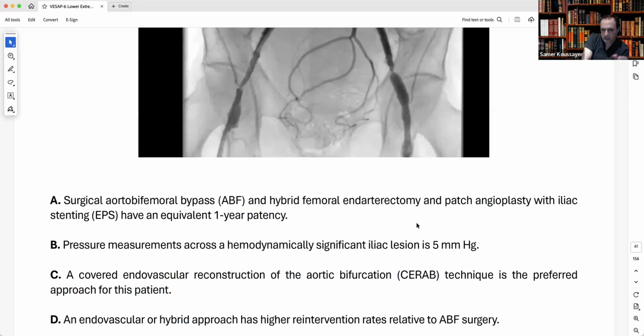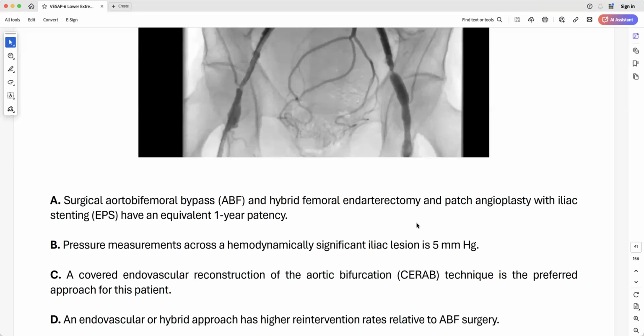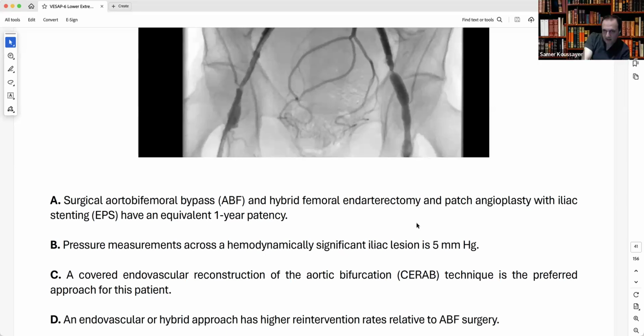He came after 2 years with a stenosis, which required intervention, correct? So that means primary patency is 2 years. You go and do a stenting, okay? Then it stays open for 2 more years. Then your assisted primary is from the first procedure until you finish your interventions. Maybe you do 2 or 3 interventions, okay?